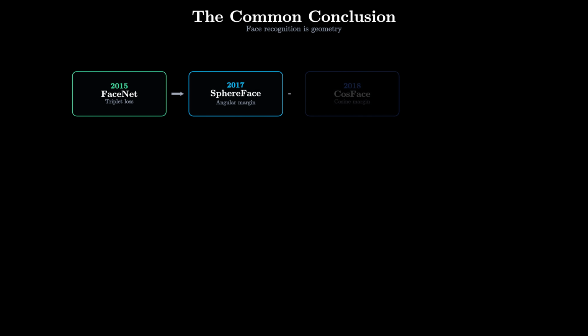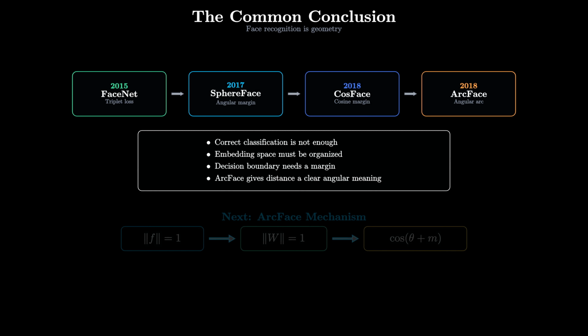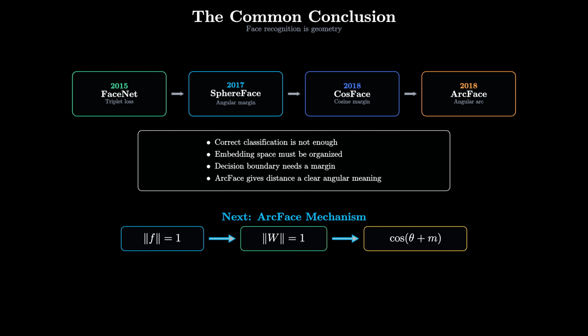The shared idea behind these methods is that effective face recognition is not just about correct classification. It is about creating an embedding space where samples from the same identity form compact clusters and different identities are clearly separated.